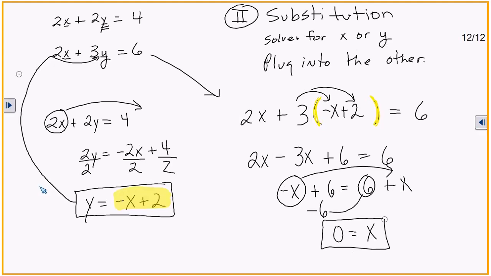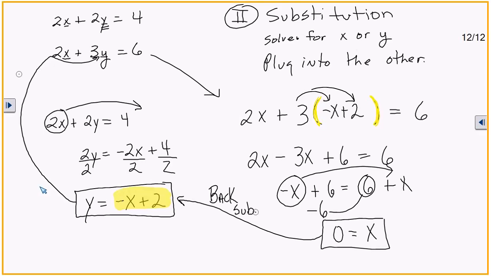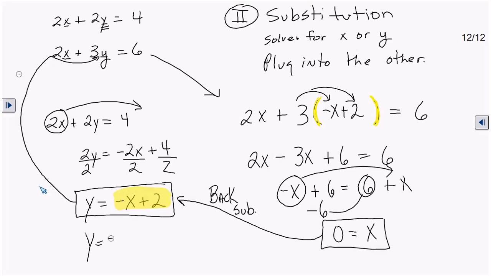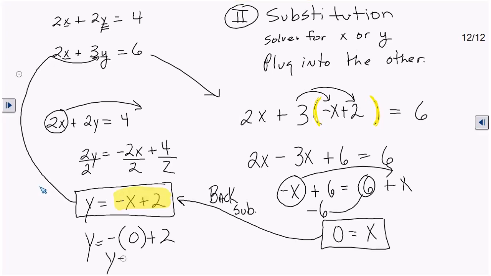Now I take that x, and I back substitute it into my y formula. And I go y is equal to negative parentheses 0 plus 2, and negative 0 plus 2 is 2.